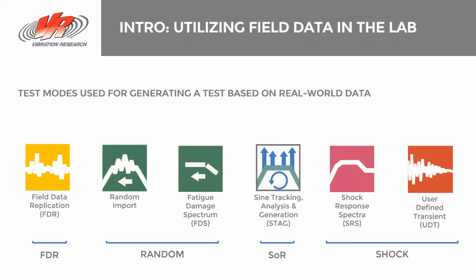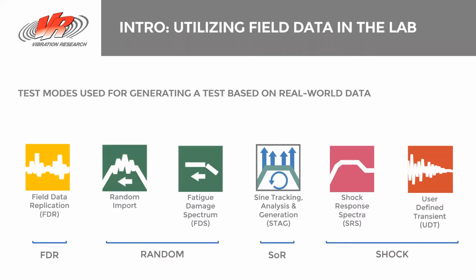So this software allows you to actually take your time domain data and pull out those sine tones and create a sine-on-random test. For that customer that we assisted with this, after they created their sine-on-random tests, they were able to recreate the exact same failure they saw in the field when they switched from a random test to a sine-on-random test.